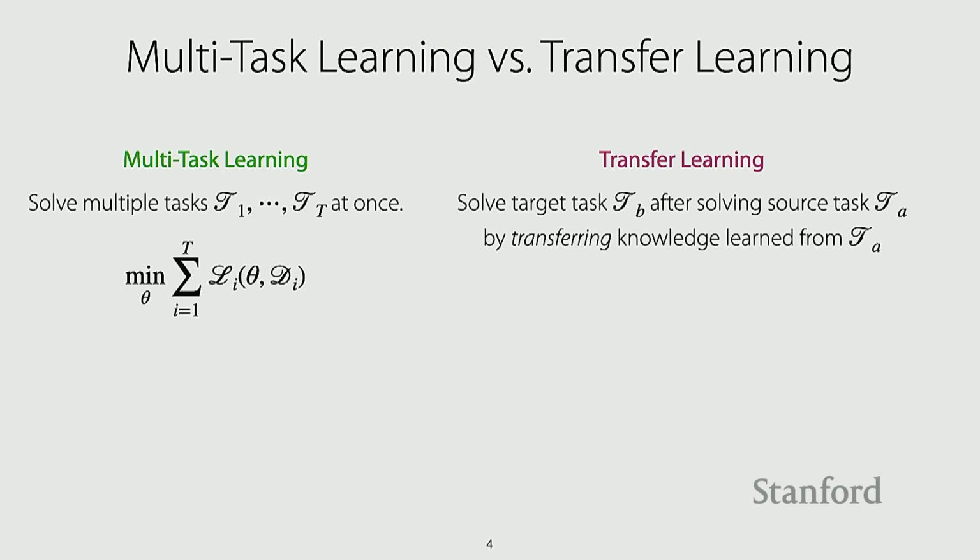And usually in this sort of setup, you assume that the source task is fairly rich. For example, training on ImageNet is a very common source task, whereas the target task might be something that is more narrow or more specialized, and you want to be able to leverage the rich and diverse information from the source task when trying to solve the target task. Now, one key assumption in transfer learning approaches is that you typically can't directly access the source data during the transfer process itself.